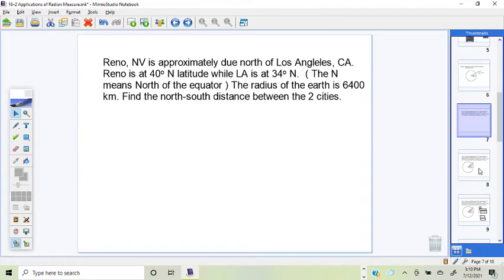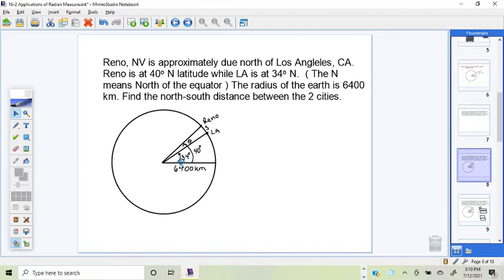Well, what we do is we think of them in terms of where they lie on the circle. So 34 degrees is where Los Angeles is. Reno is at 40 degrees.